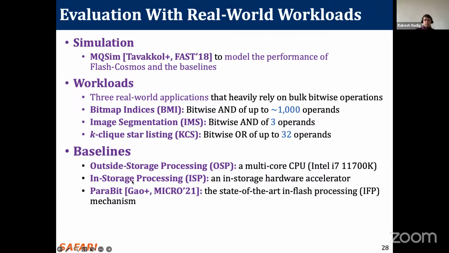In-storage processing is another baseline where we perform the computation in the embedded cores within the SSD, and for this we use an in-storage hardware accelerator. And then for Parabit, which is a state-of-the-art IFP mechanism, we model Parabit in the simulator.